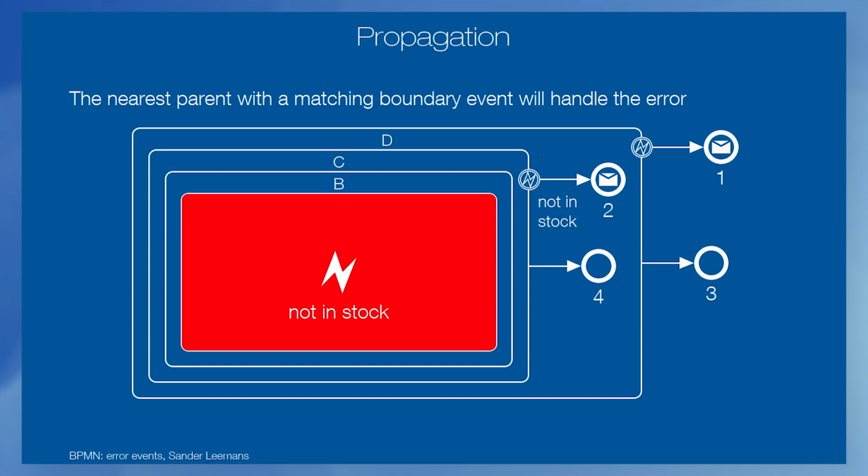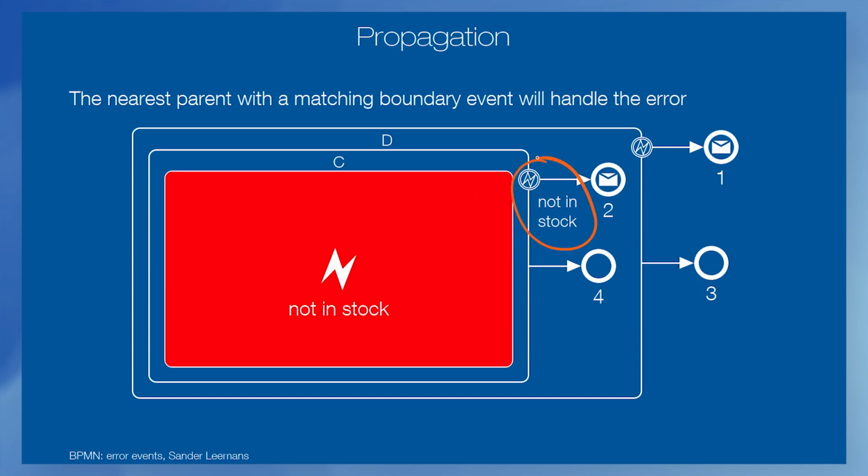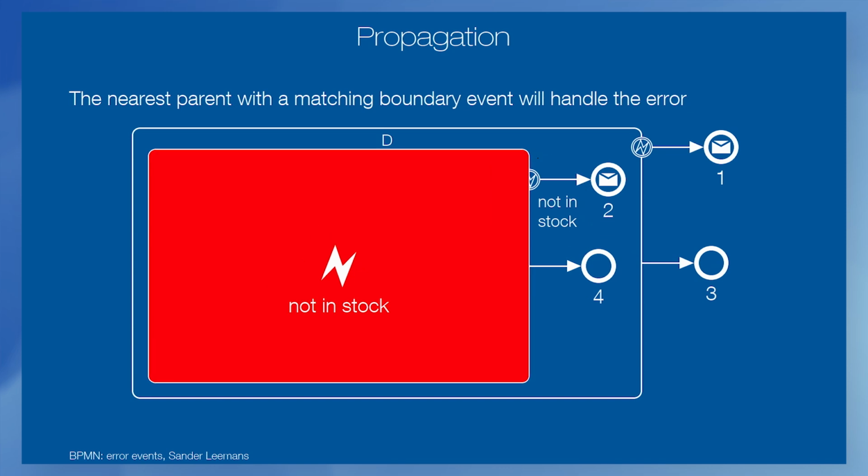So this propagates to subprocess B. As subprocess B has no boundary event that captures this error, it propagates to subprocess C. Now subprocess C has a boundary event that captures this error called not in stock. So the labels match. So we know within C there's an error being thrown called not in stock, and we have a boundary event that captures it.